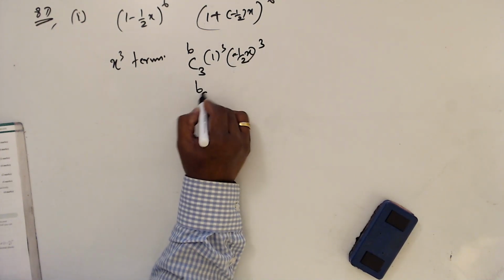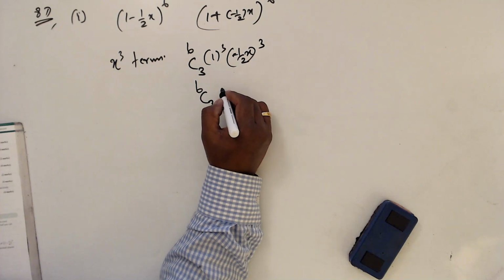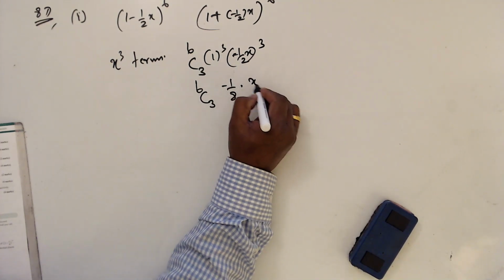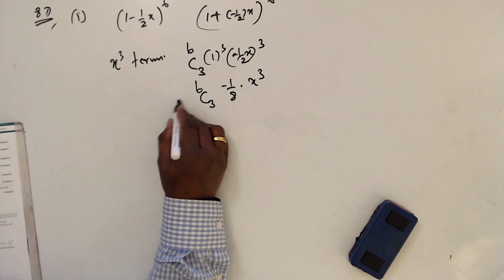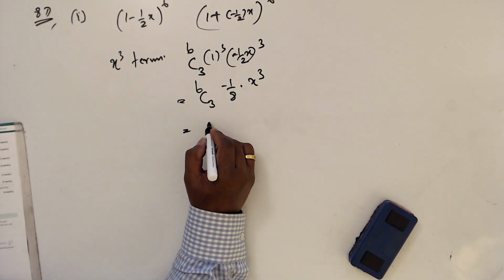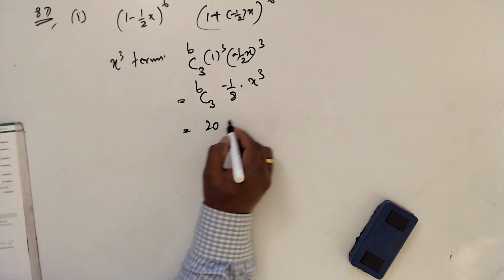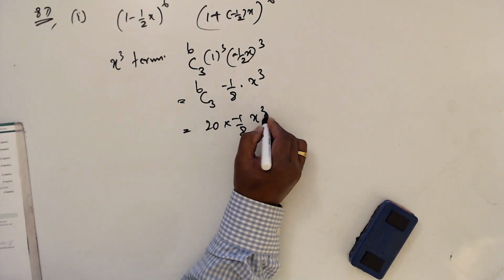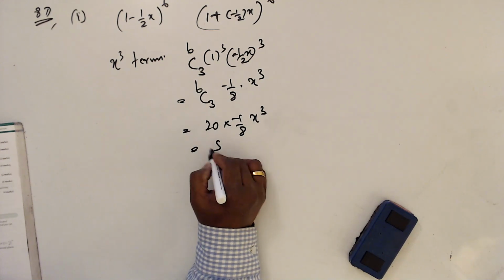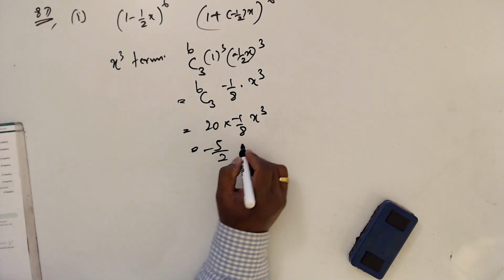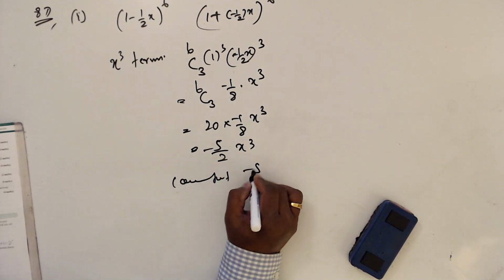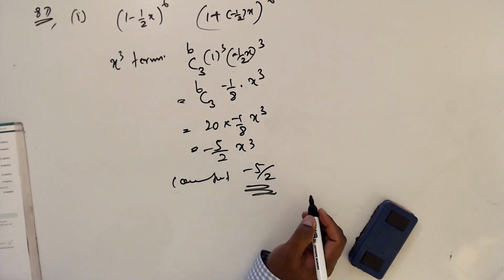So this is 6c3. This is going to be minus 1 over 8 times x cubed. So 6c3 is 20 times minus 1 over 8 x cubed. This is going to be 5 divided by 2, minus x cubed. Coefficient is minus 5 divided by 2.